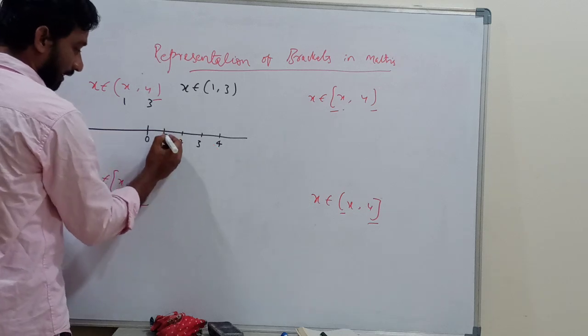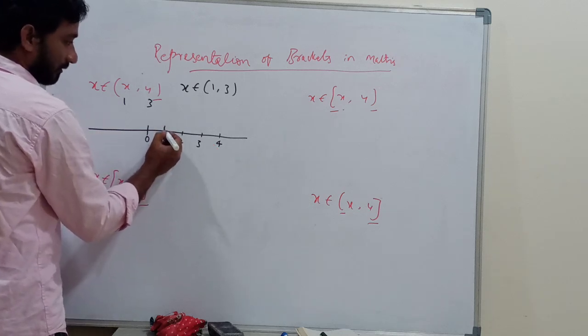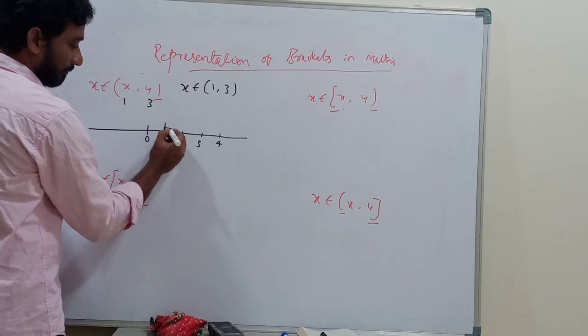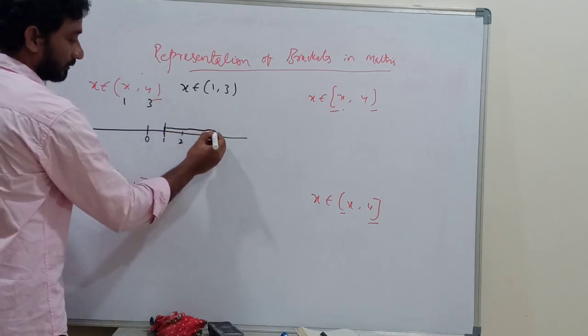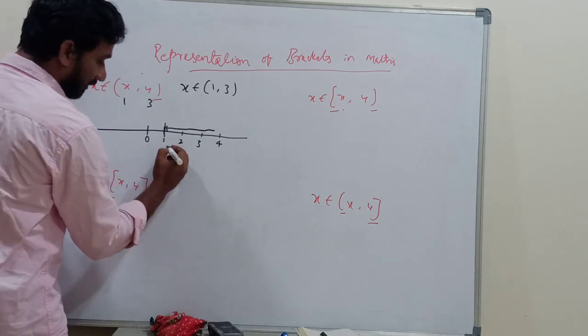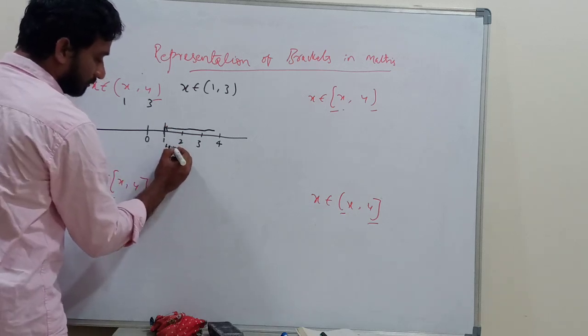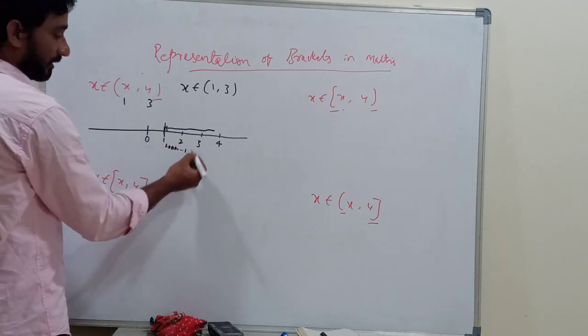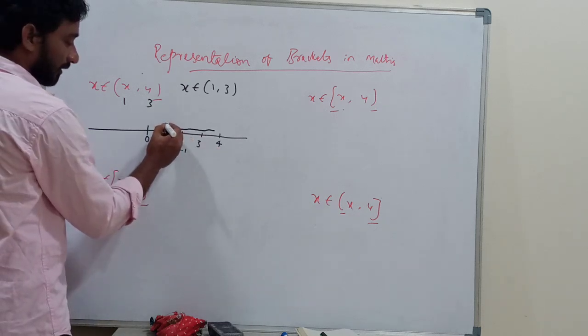Here open bracket means it starts from 1 but 1 is not included. So you exclude 1 and start from 1.00000001. From there you can start, but you should not include 1.